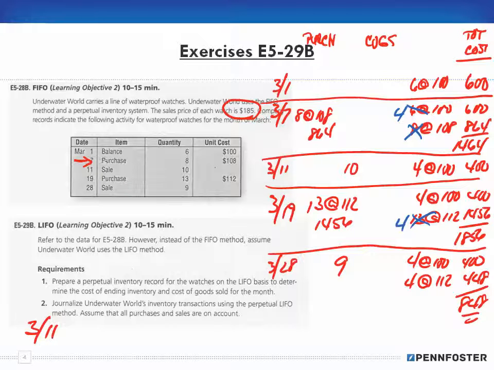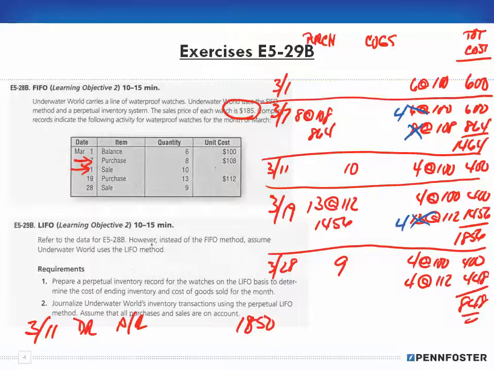So on 3.11, we're making a sale. We're selling 10 at 185 and it's on account, that means we're going to debit our accounts receivable for 1,850.